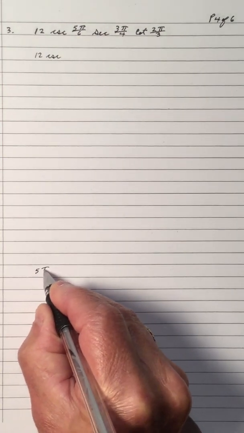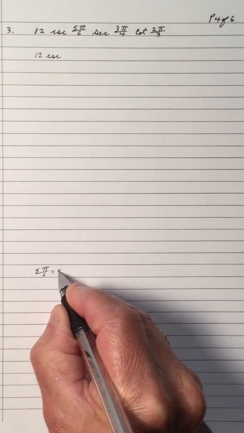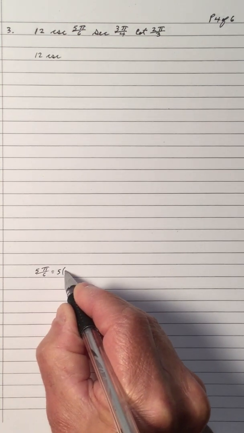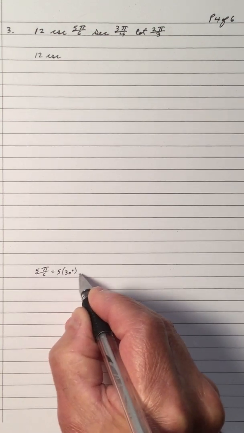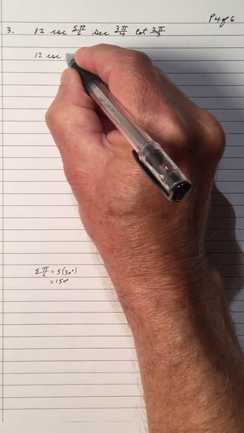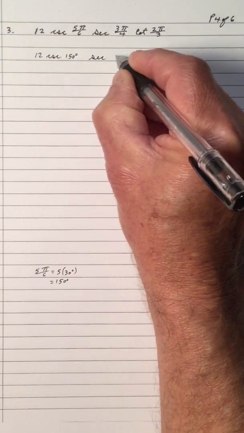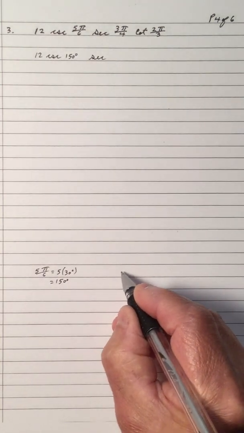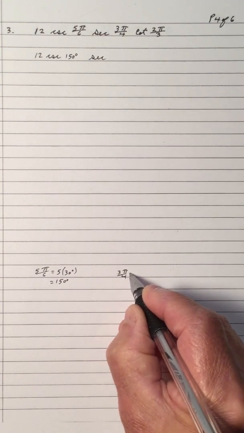So let's do 5 pi over 6. Notice pi is 180, so pi over 6 is 30 degrees, so that works out to be 150. Secant, and we have 3 pi over 4.